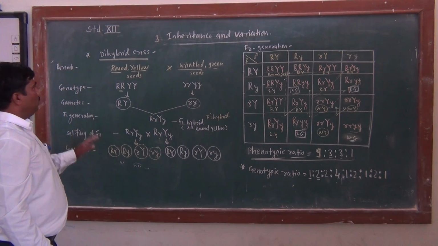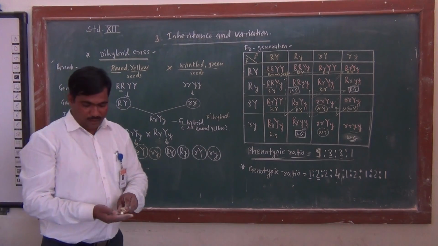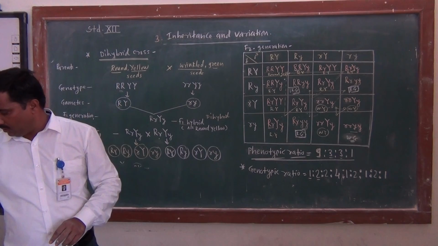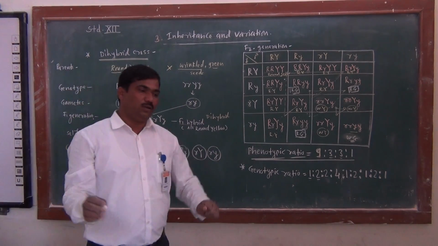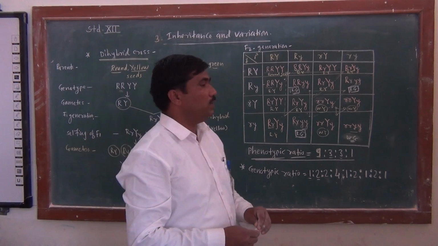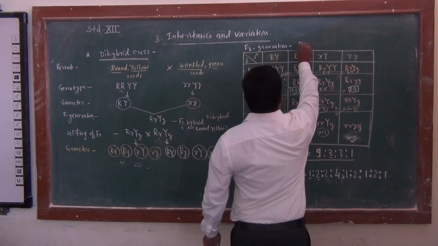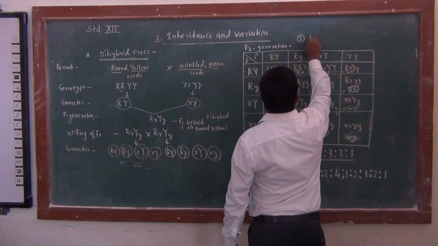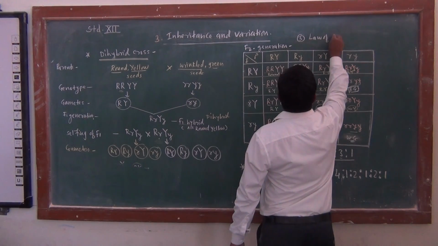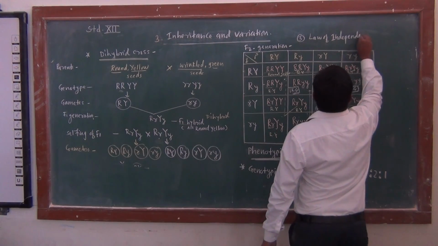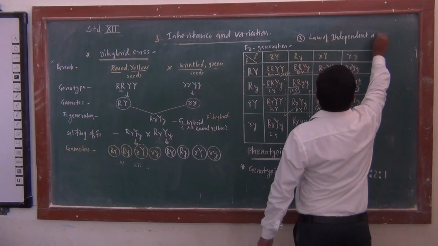Okay. Here, by using dihybrid cross, Mendel gives a third law. The third law of inheritance is known as the law of independent assortment. So the third law is the law of independent assortment.